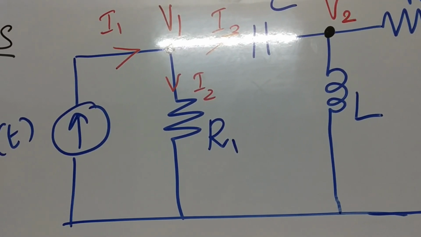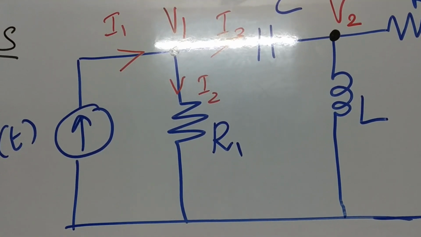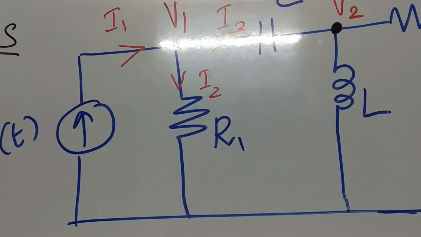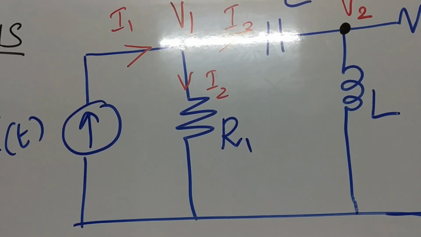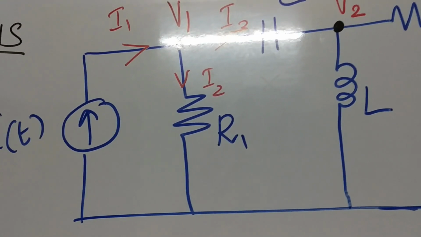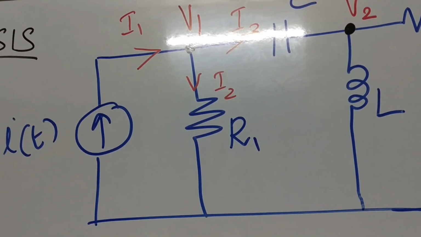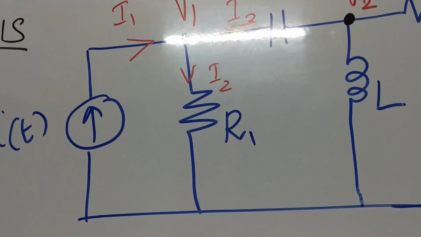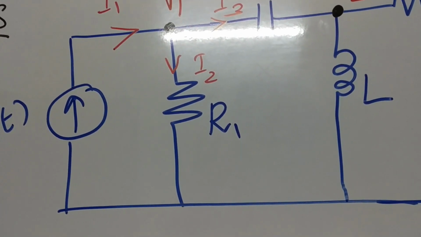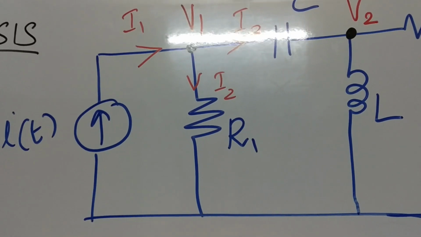Is it clear? Our general assumption, after identifying the node, is that all currents are leaving the node, except in one condition: when the direction is given in the question. If it is already marked in the question as entering, then you have to keep it as such. Or if there is a current source, you have to mark the actual direction.